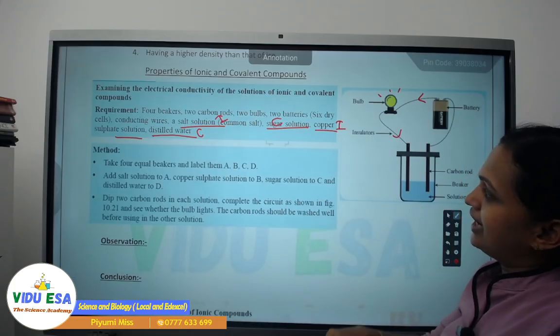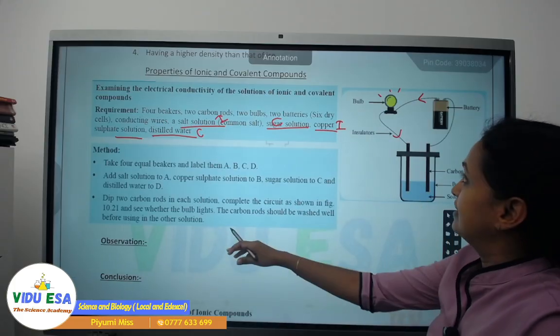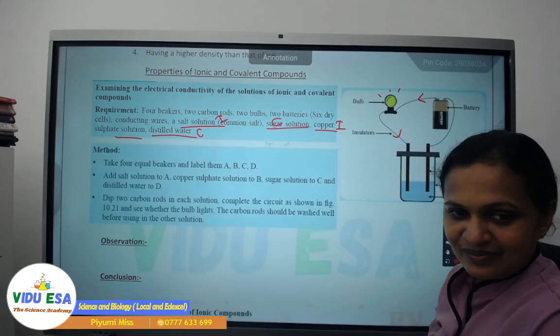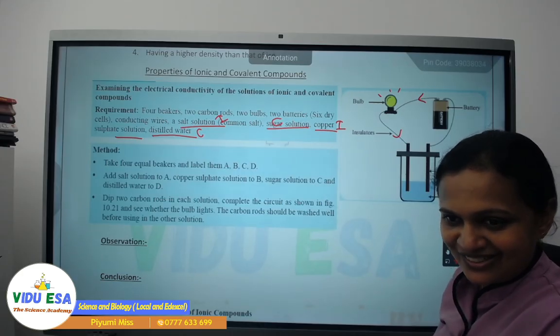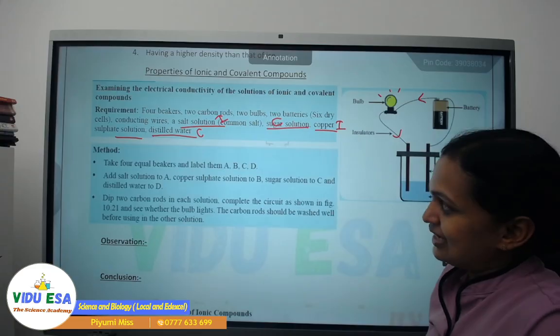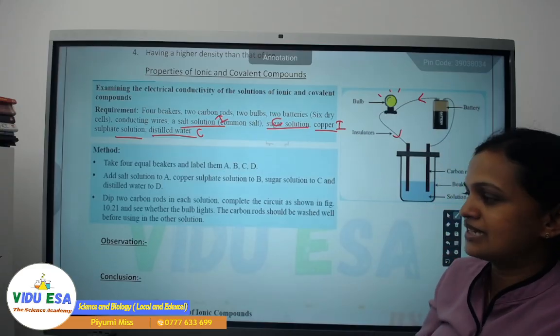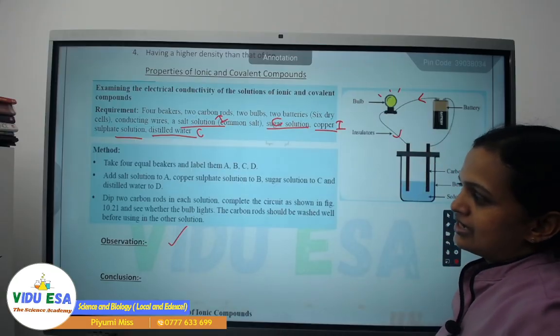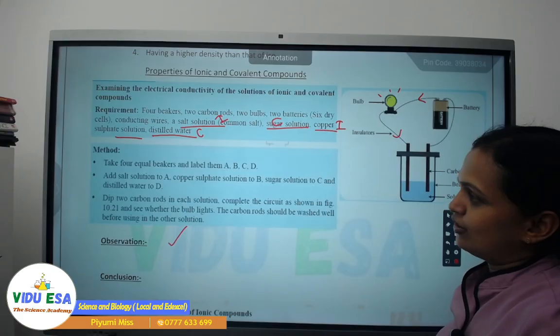What are the electrolytes here? Observation. The bulb glows when? Then these are used as the electrolyte. Salt solution and copper sulfate solution.